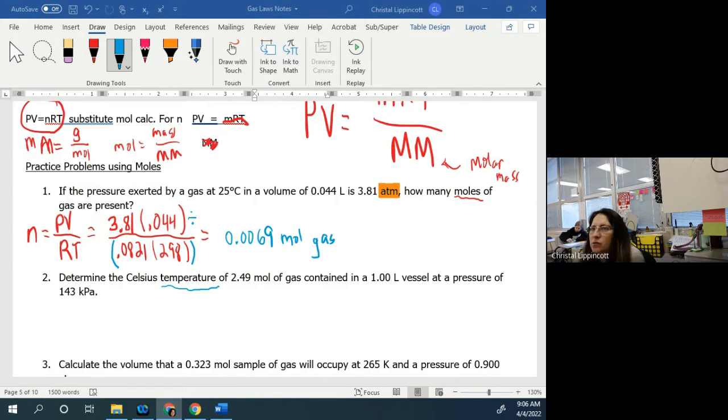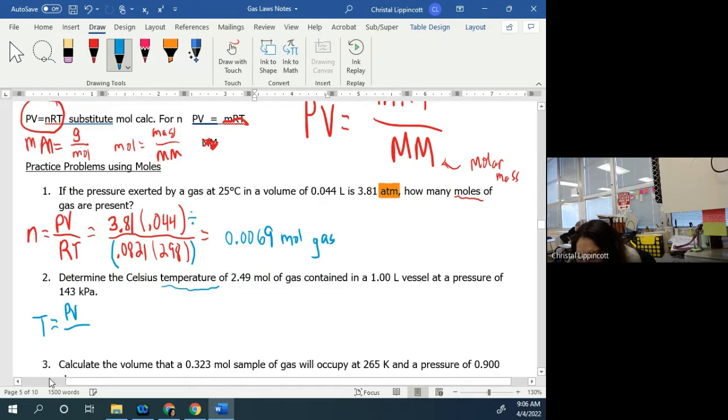All right, got your substitutions in. You should have gotten temperature by itself. You should have had PV on one side and divided by NR here. So your pressure ended up being 143. Your volume was 1 over. Now you had to put your moles down here, and then you had to figure out your R value.